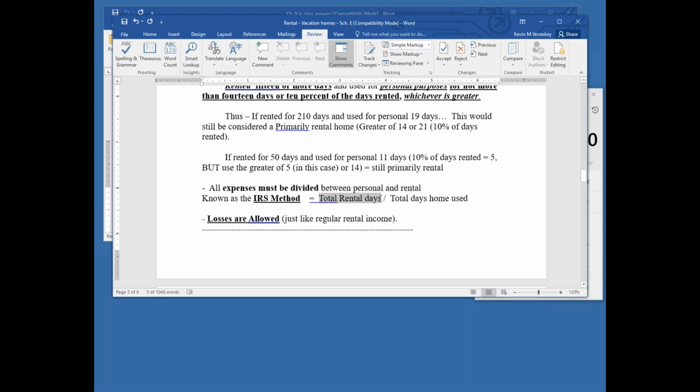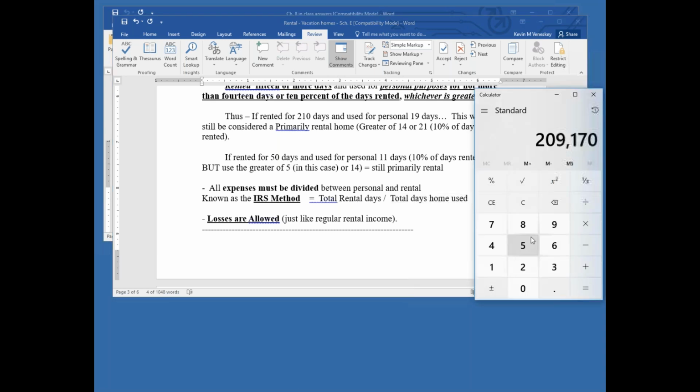Total rental days, so say we rented it 50 days, just like in this problem up here, out of total days the home is used. So total days the home is used is 61 days, the 50 plus the 11 that I used it. So that's how I would separate out my expenses. 50 divided by 61 would give us a percentage.